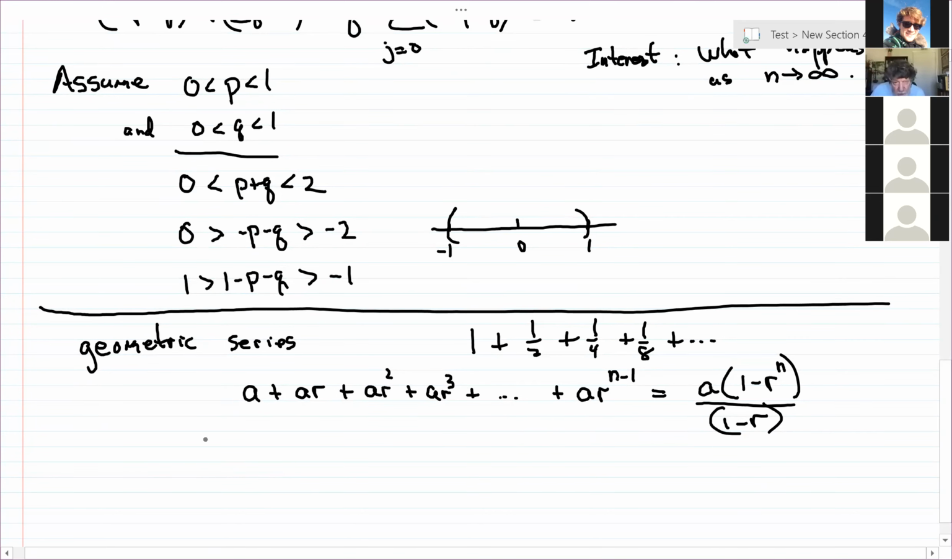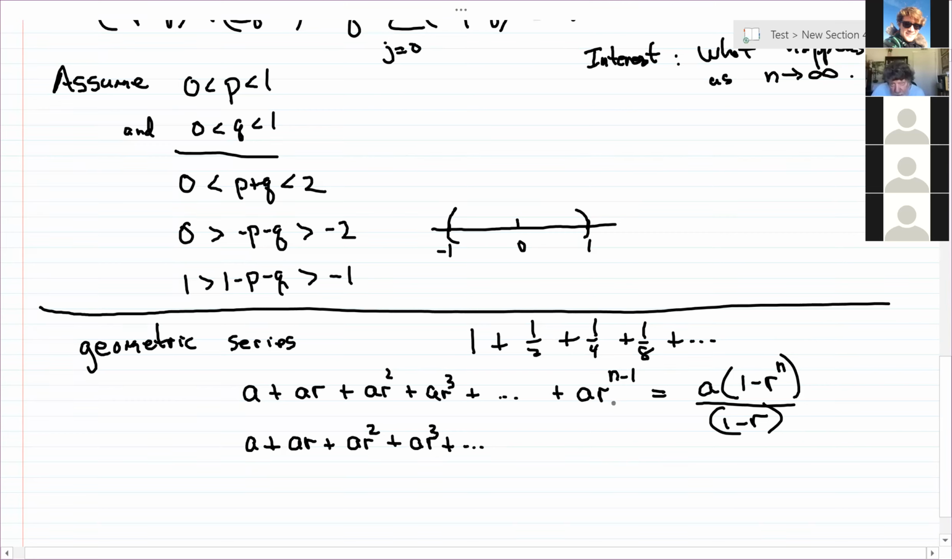Okay, and there's an even easier formula if it goes on forever. Because if it goes on forever, well, you have to add a condition.